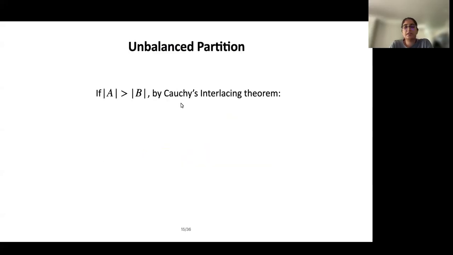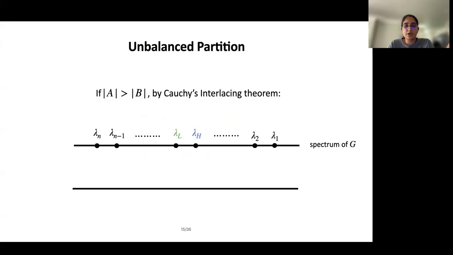Now, suppose this maximum cut gives me an unbalanced partition, that is, exactly one of the parts is strictly greater than the other in size. Then the Cauchy interlacing theorem gives me some bounds on my median eigenvalue immediately. So here I have my spectrum of graph G, like so.